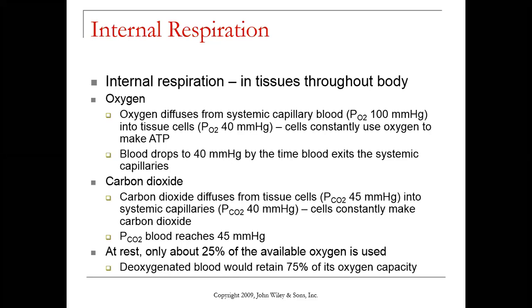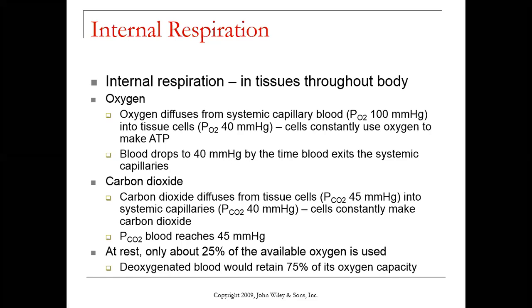Carbon dioxide diffuses from the tissue cells. There is a high carbon dioxide concentration because of the internal respiration process, and that increases the PCO₂ to 45 millimeters of mercury as it goes into the systemic capillaries, which initially had only 40 millimeters of mercury partial pressure of carbon dioxide.